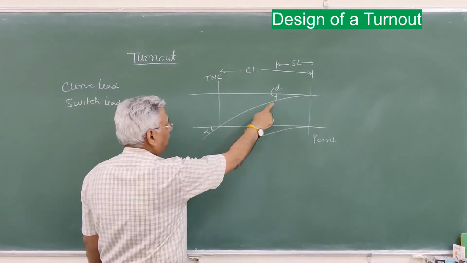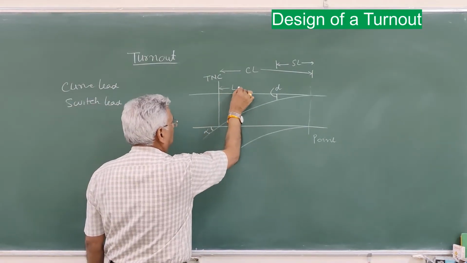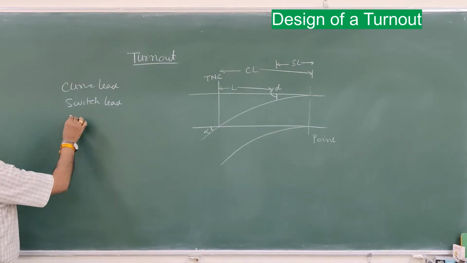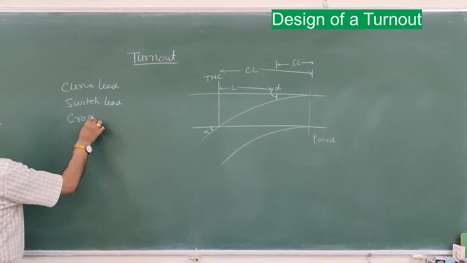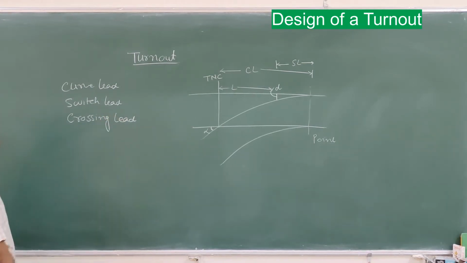And this distance from the heel of the switch to the theoretical nose of crossing is called the length of crossing, or crossing lead.